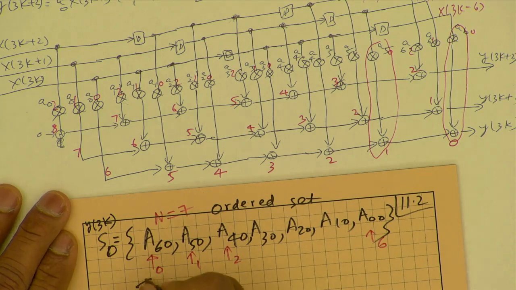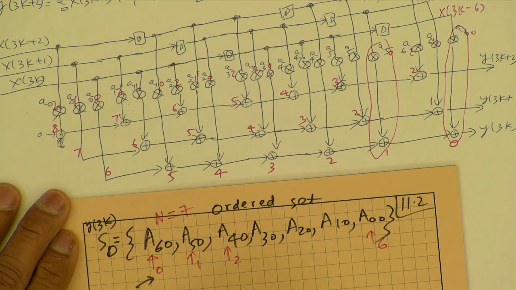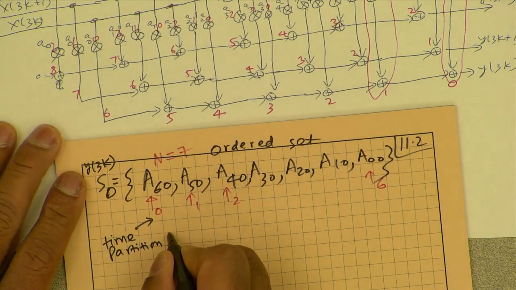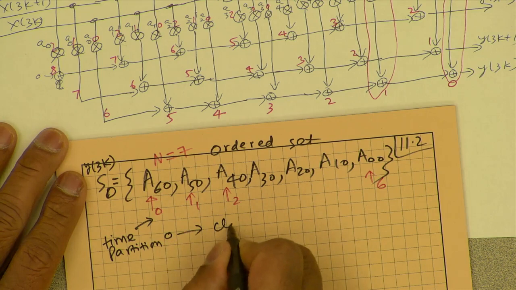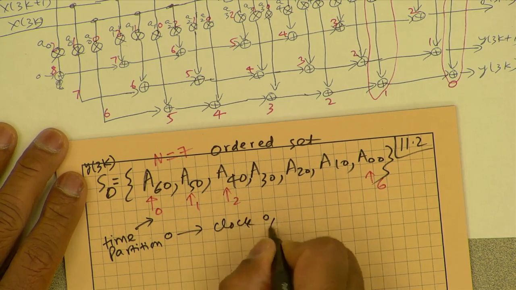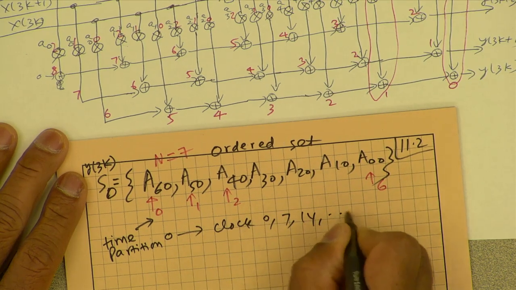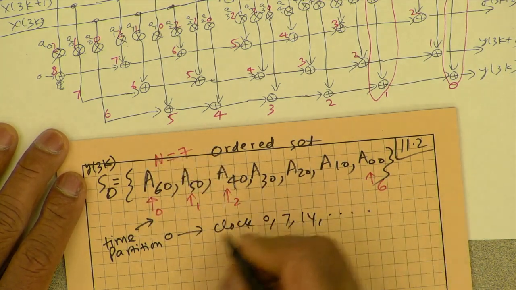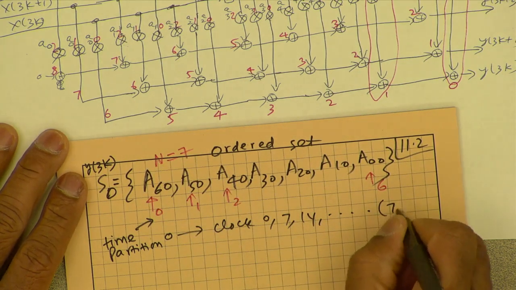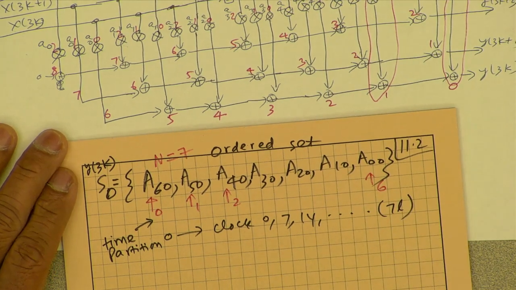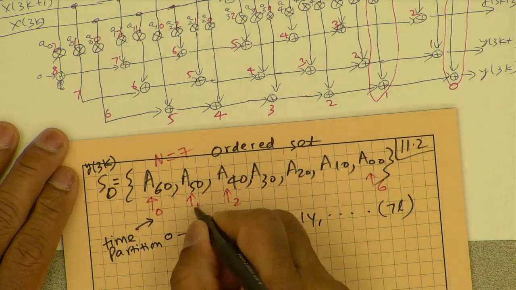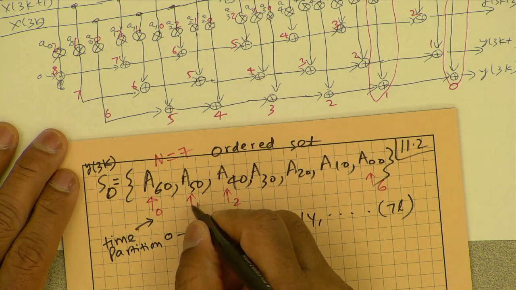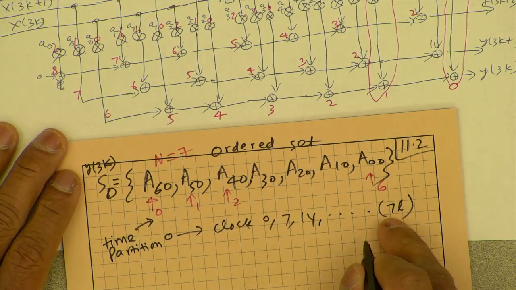Time partition 0 means clock cycles 0, 7, 14, etc. I know the periodicity is 7, so that's time instance 7L. If it was 7L plus 1, that's time partition 1.